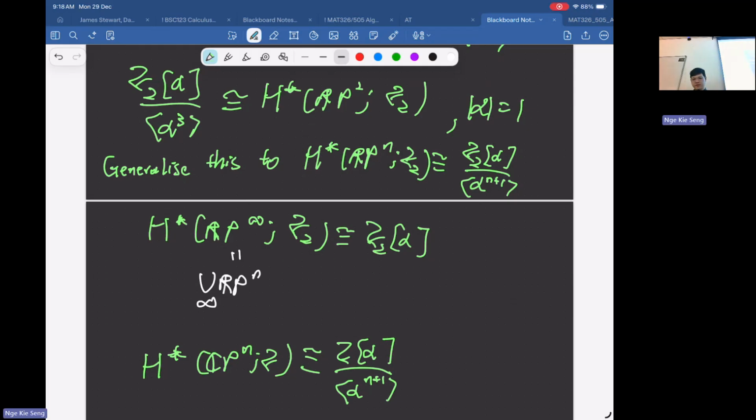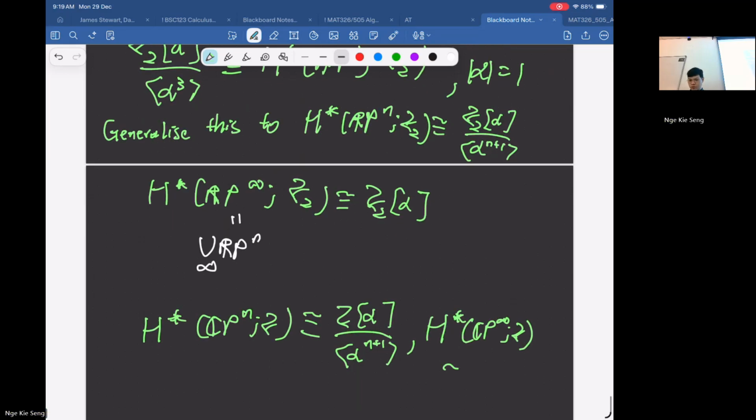The relation is still the same, alpha to the m plus 1, but we can consider it in Z. No need to go to Z mod 2. Going to Z mod 2 also can, but it's the same. We just change the ring to Z.